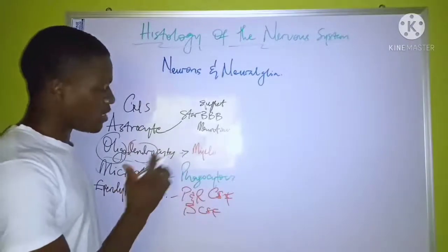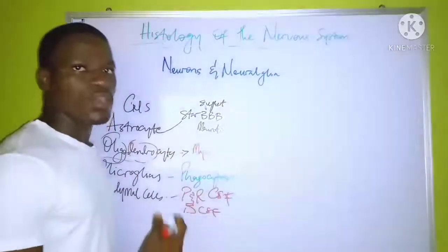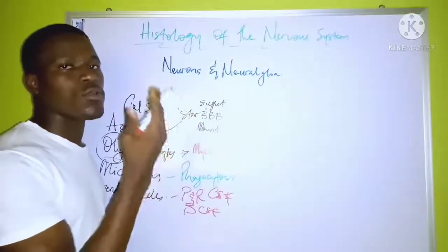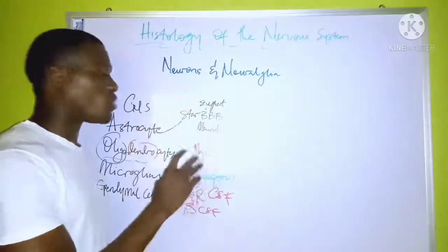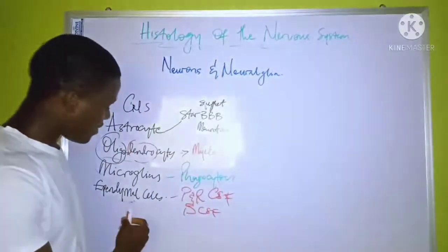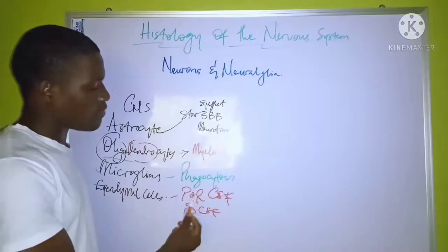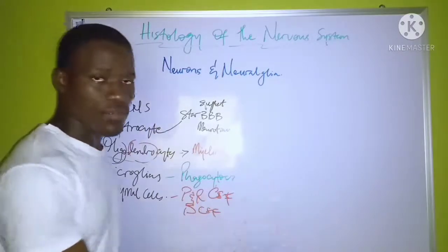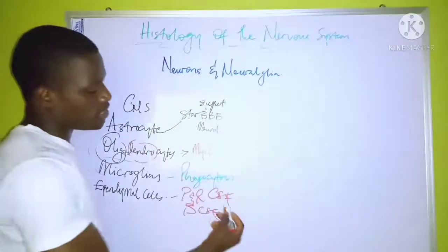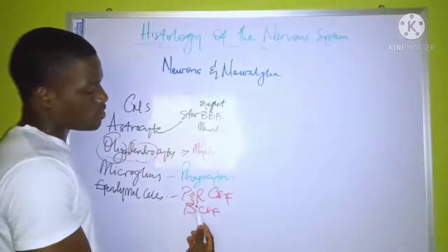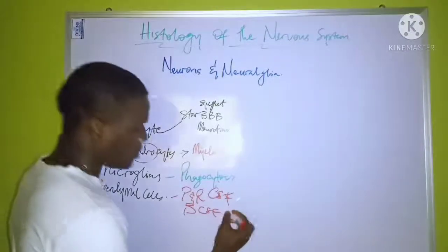The microglia are phagocytic in nature, which means they help in the breakdown of microorganisms or debris or whatever is not needed within the cell. The Ependyma cells have two major functions: the production and regulation of the level of the CSF, that is cerebrospinal fluid, and forming the blood CSF barrier.